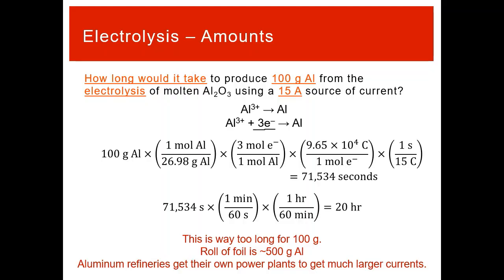You need 3 electrons for every 1 aluminum atom. That's a really high cost, so you need really high currents to get a functional amount of aluminum out. It really is difficult to do, and you need a lot of current. So that's why aluminum refineries have their own power plants.